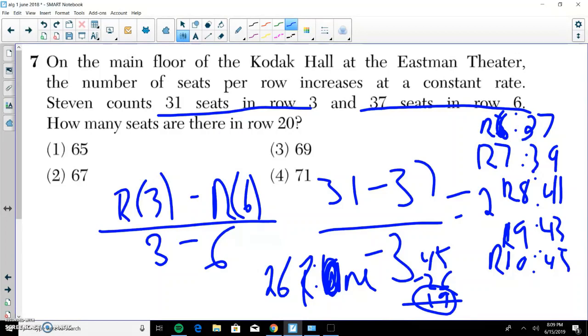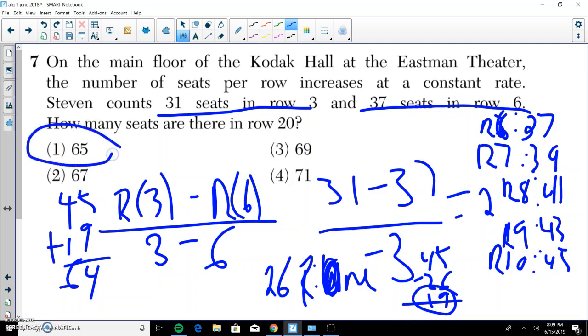So with that 19, I'm going to do 45 plus 19, and that's going to give you 64. 64 is closest to 65, so that is why that is your answer.